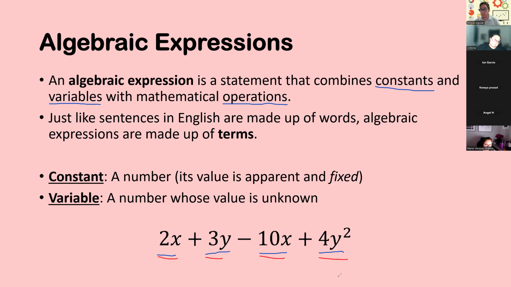That's four terms in this statement. Are any of those four terms constants? No. Okay. None of those terms are constants because they all have a variable or a letter next to them, right? Or attached to them. Okay. So that means that all four of these terms are variable terms. Does that make sense?